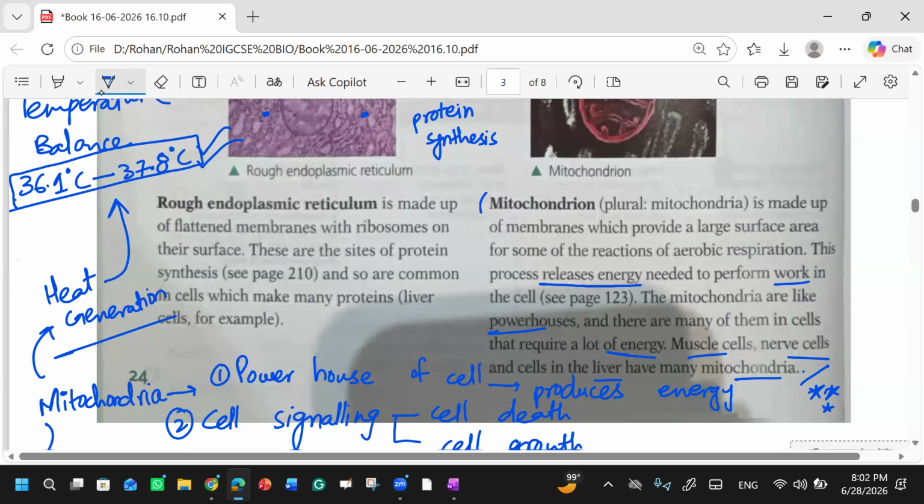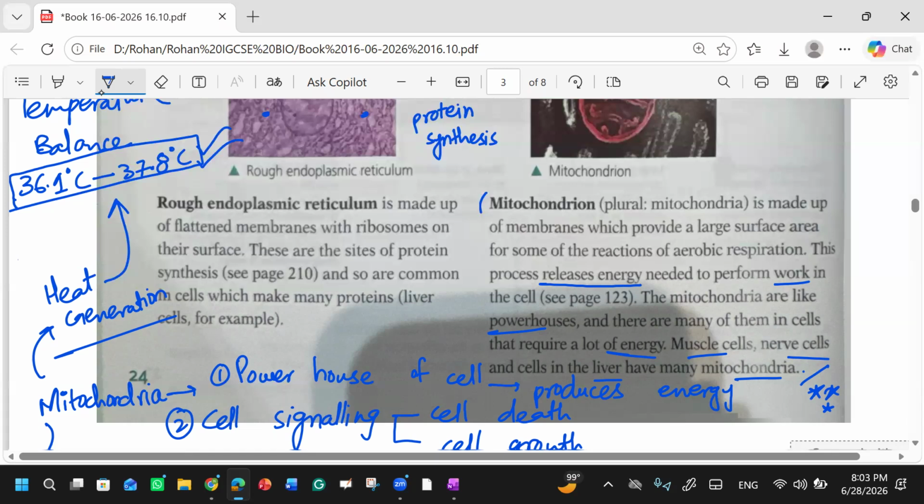Are you getting my point? These cells need more mitochondria. Why? Because more actions are happening in these cells. Muscle cells perform muscular activity, which needs more energy. This energy is given by ATP, and more ATP is produced by more mitochondria.